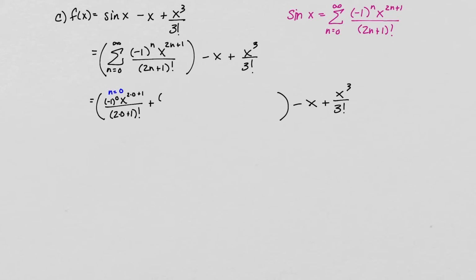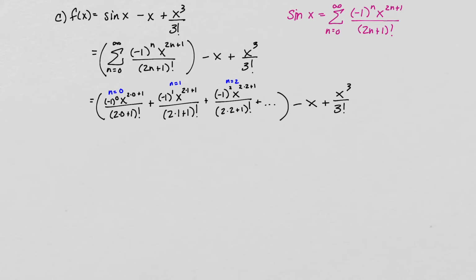Plus, the first term would be negative 1 to the first, x to the 2 times 1 plus 1 over 2 times 1 plus 1 factorial. That's the n equals 1 term. The next term would be negative 1 squared, x to the 2 times 2 plus 1 over 2 times 2 plus 1 factorial. That's the n equals 2, and so forth.